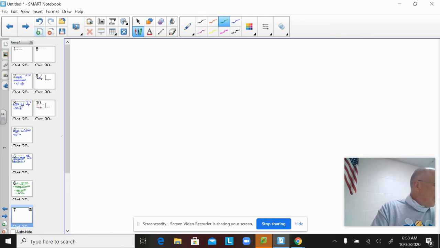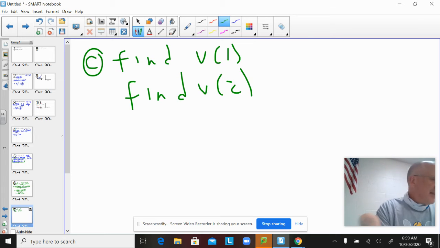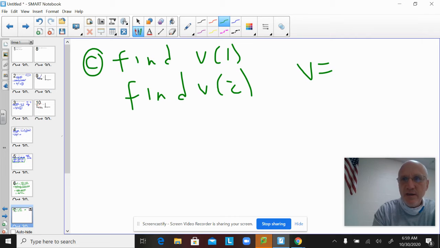Part C asks for the instantaneous velocity when t equals 1 and t equals 2. So that's asking two things. It's saying find v of 1 and then find v of 2, the instantaneous velocity. That's just evaluating the velocity function. So my velocity function was negative 32t.